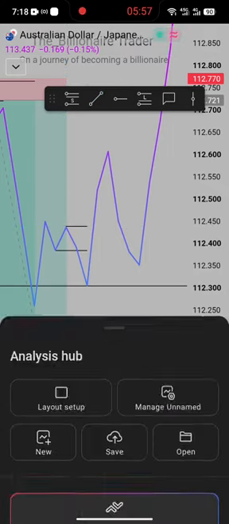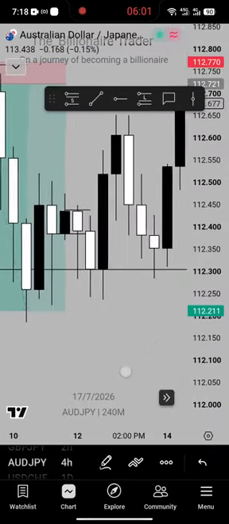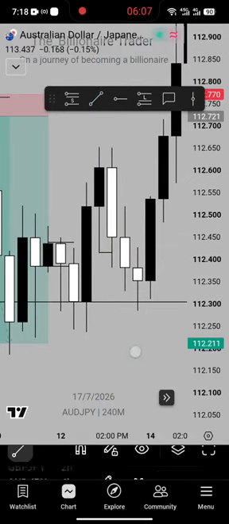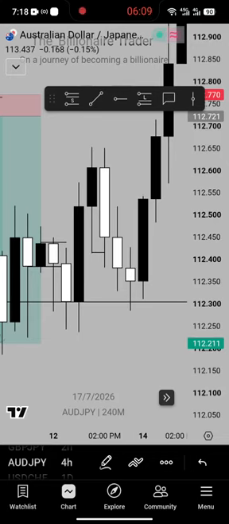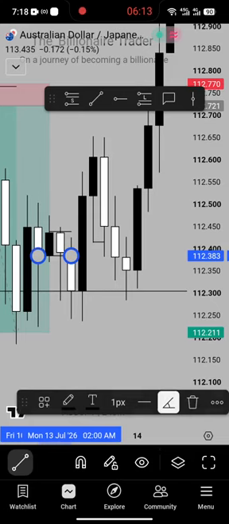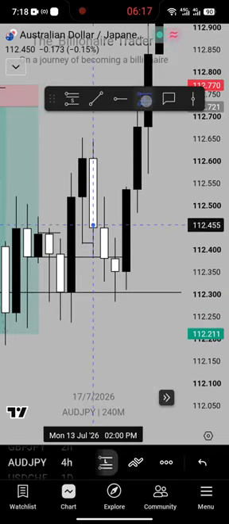Having that, where is our entry? Where is our liquidity? This particular low is an internal range liquidity. It's a liquidity that will be taken out. Because of that, you can use this key level, the shoulder key level, as your entry.